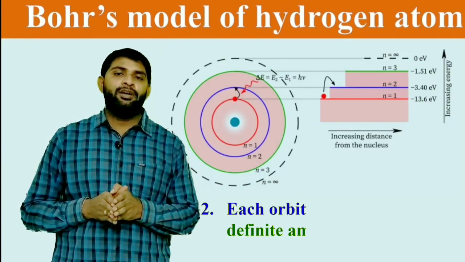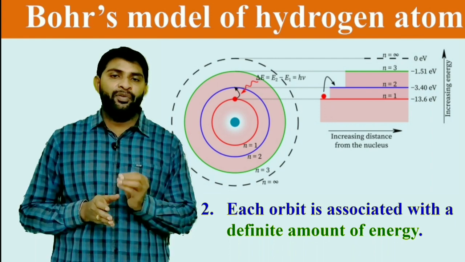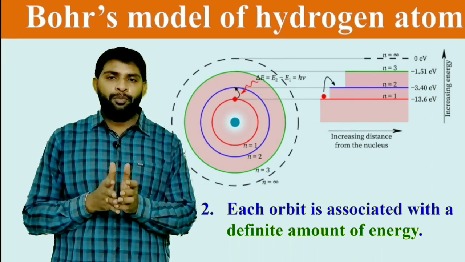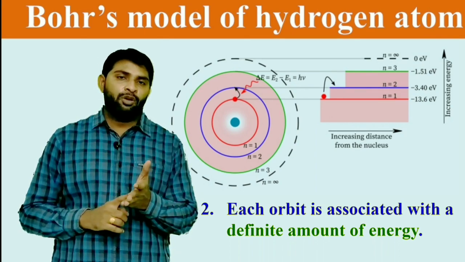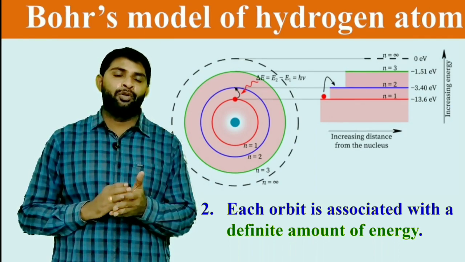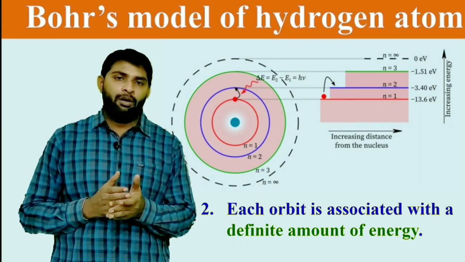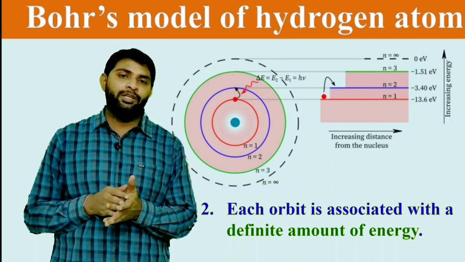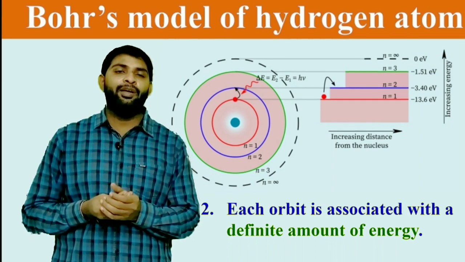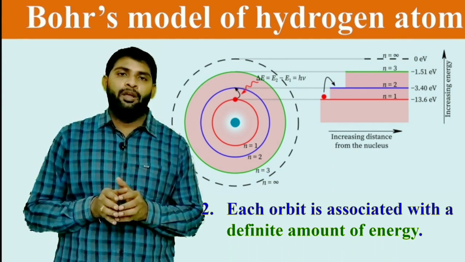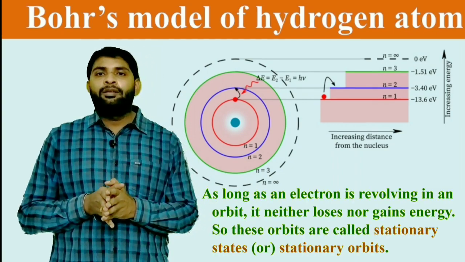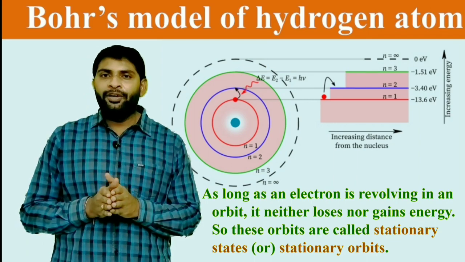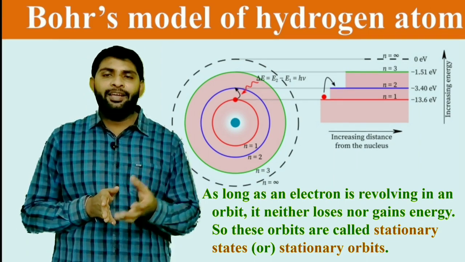Second point. Each orbit is associated with a definite amount of energy. Orbit, in the sense, shell. So the first orbit, second orbit, third orbit, fourth orbit, or K shell, L shell, M shell, N shell, are associated with a definite amount of energy.